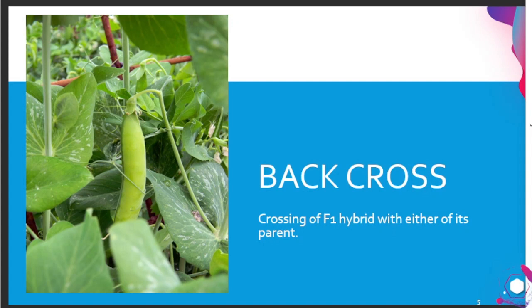So back cross is nothing but, you can see the definition here, crossing the F1 hybrid with either of its parents. F1 hybrid means you are getting the F1 generation, and whatever F1 generation you get, you will be crossing it with either of its parents. That parent should match its genetical identity.